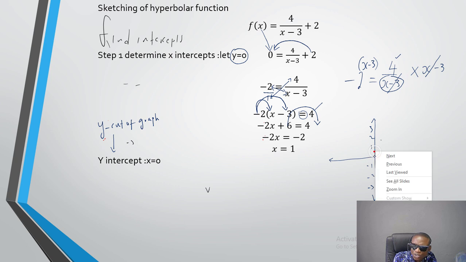What are the coordinates of this point? What is the x-coordinate? What is the y-coordinate? The x-coordinate is 0. Why am I saying the x-coordinate is 0? Because we are talking about a point on the y-axis. The x-coordinate of a point on the y-axis is 0.